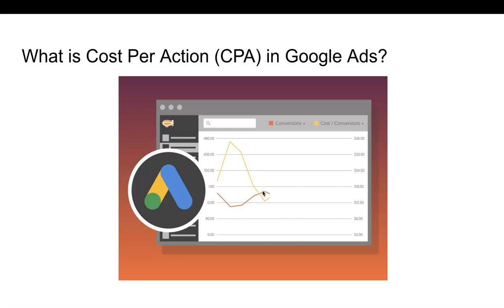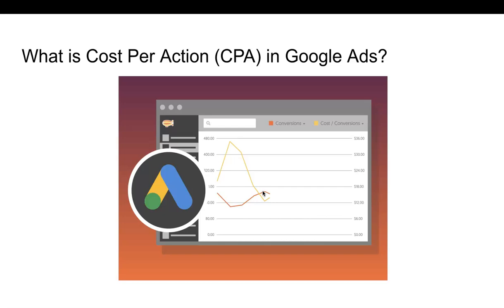Unlike cost per click, which we talked about in a previous video, which measures what you would pay for each click, cost per acquisition focuses on the actual results. Since not every click actually turns into a conversion, especially if you're getting bad clicks, a CPA is usually higher than a CPC.